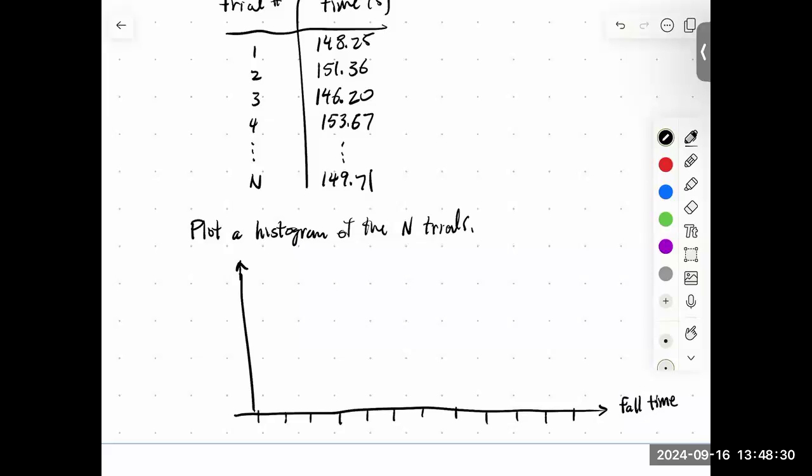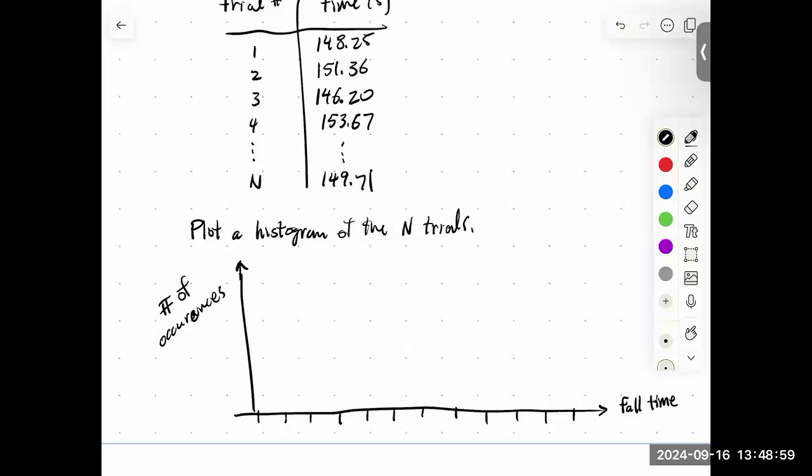The second bin would be 148.5 to 149, and then 149 to 149.5, and so on. All we're going to do is count the number of trials that land in each of these bins. So this would be the number of occurrences, the number of times one of our trials falls into each of these bins.